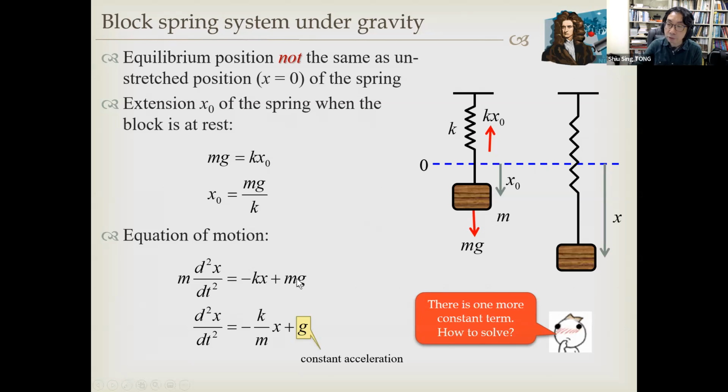The downward force of gravity tends to pull my block in the positive x direction, so I have a plus sign here. If I divide the whole equation by m, I get this equation. Now there's a constant term that cannot be solved by the standard way, so I have to find ways to get rid of this constant term. This is a constant acceleration due to gravity.